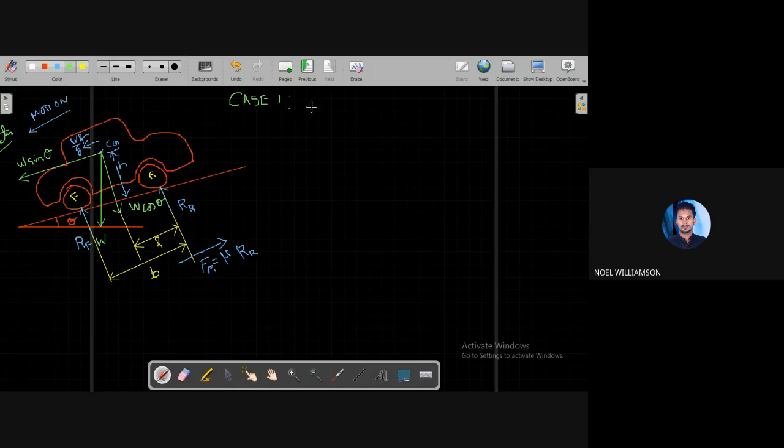That is brake applied to rear wheels only. So in that case, what happens is we are applying the brake to the rear wheel only.